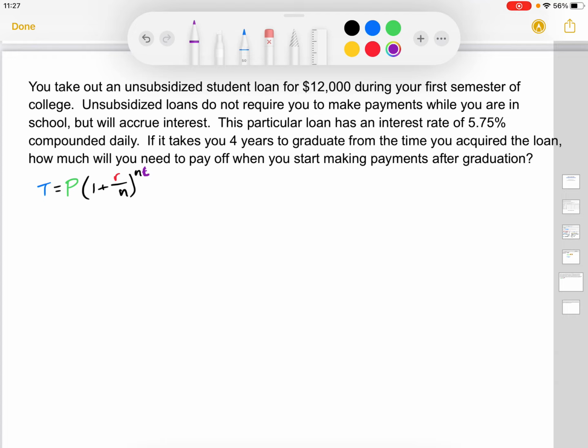So this is talking about an unsubsidized student loan for $12,000 during your first semester of college. Quick background on unsubsidized loans. They do not require you to make payments while you are in school, but they will accrue interest. Okay, so that means that the amount that you owe the bank is going to increase as time goes on.